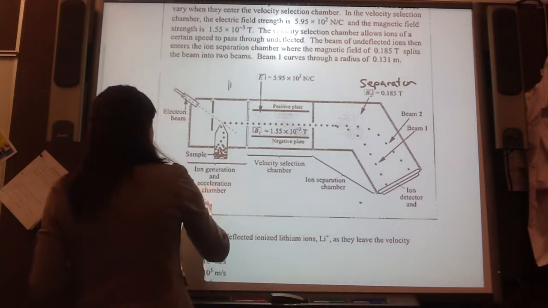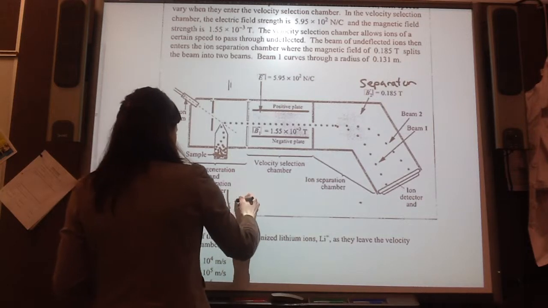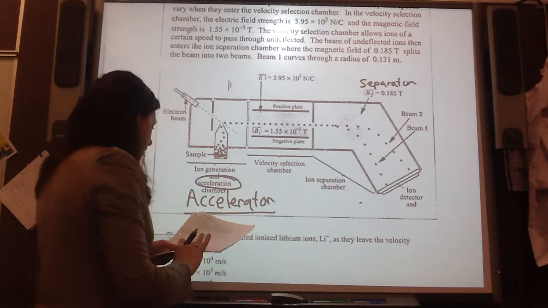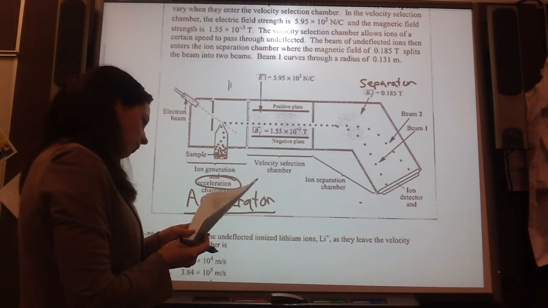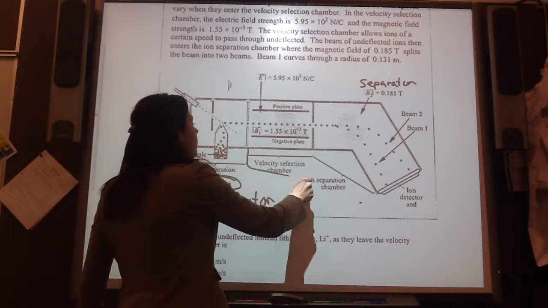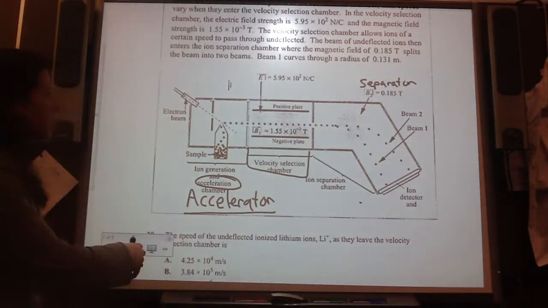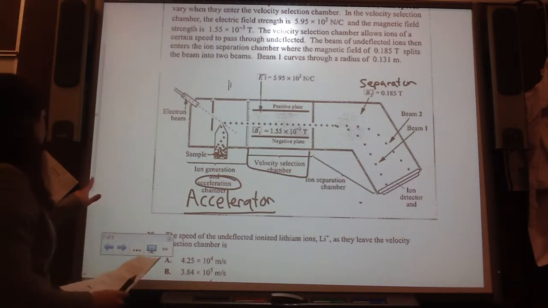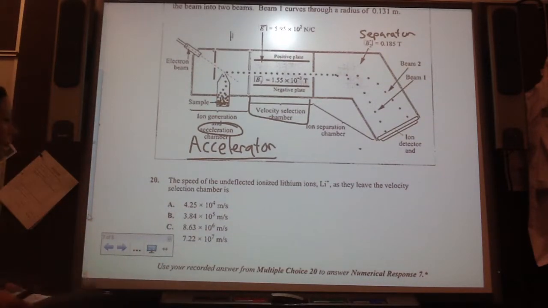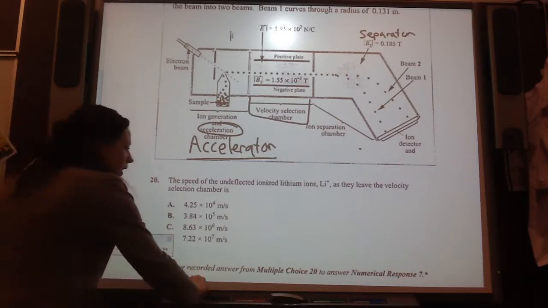This is the accelerator, because that's where we have the acceleration. And this is just selecting a very specific velocity to go through the separator. Sorry about that.